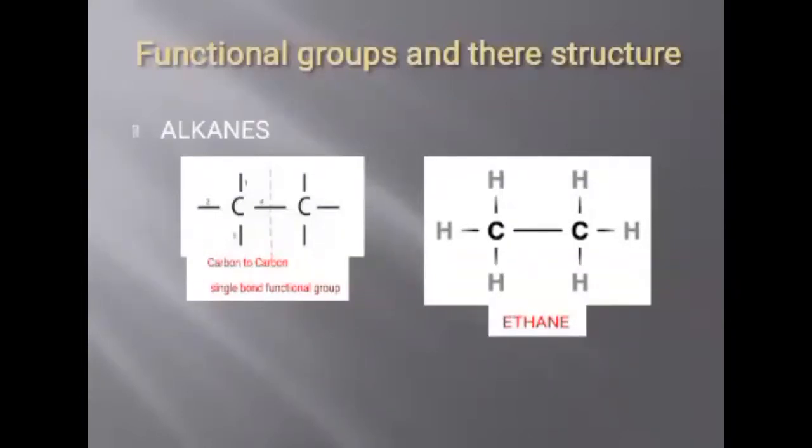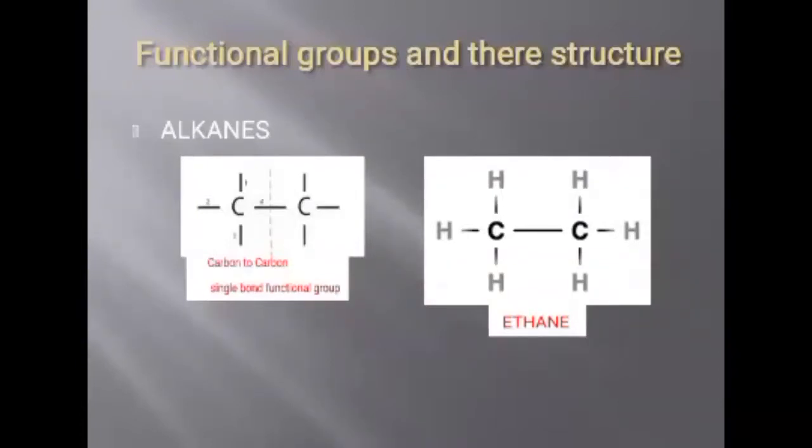We have the ethane. If you look at the ethane compound very well, you will see that the carbon to carbon single bond is what is holding that compound. It is the root of that compound, the ethane.